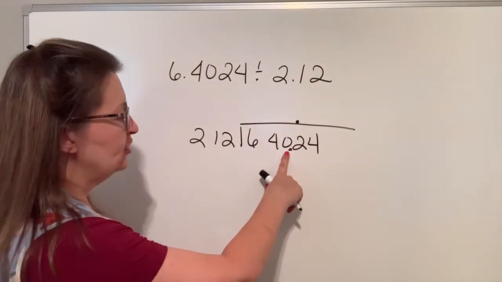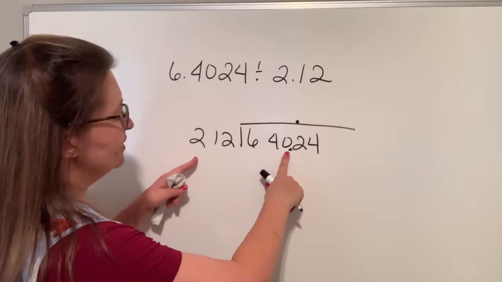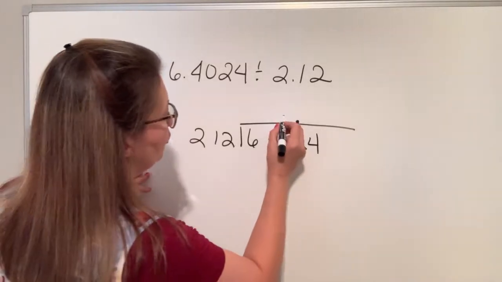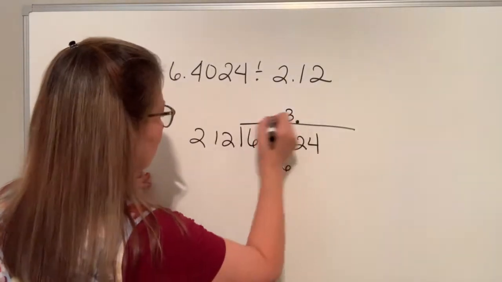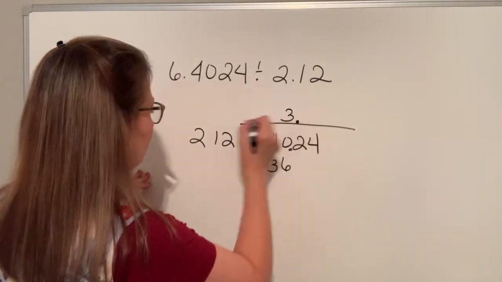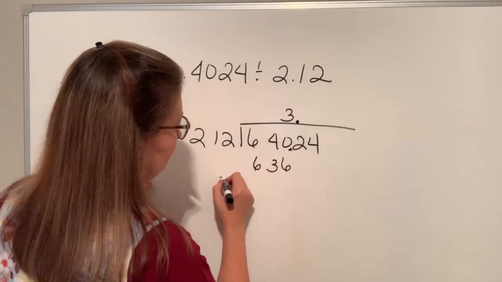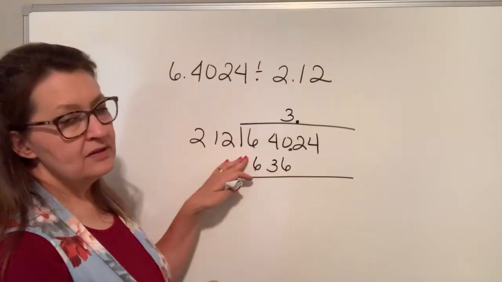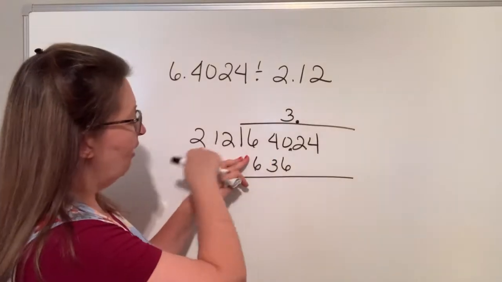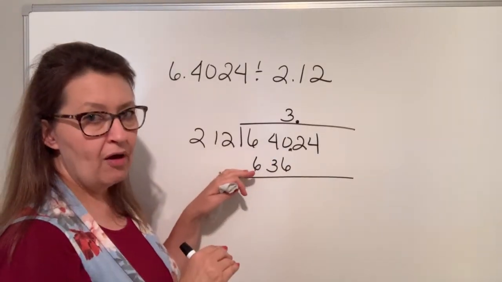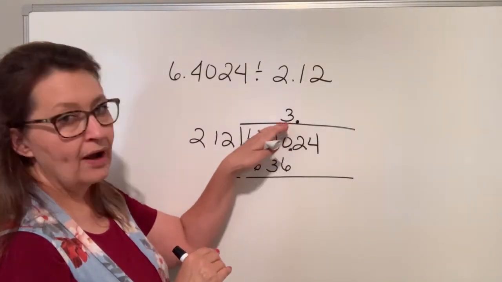So here's where my first number is going to go. It'll go into 640, I'm hoping, at least 3 times. 3 times 2 is 6, 3 times 1 is 3, and 3 times 2 is 6. All right? And looking into this number, it's not larger than this, which is good, but it's not a whole 212 smaller. So that's how I know I've picked the right number.